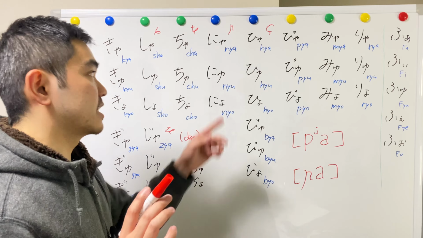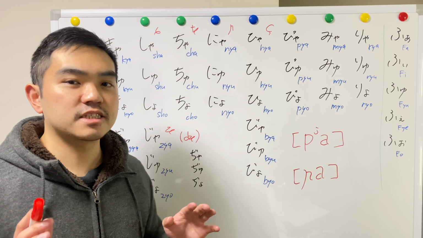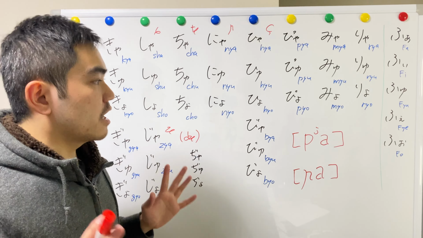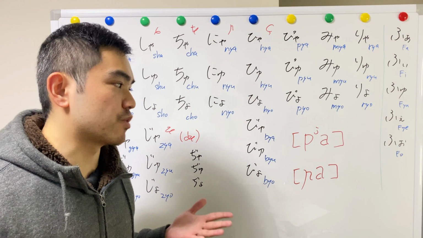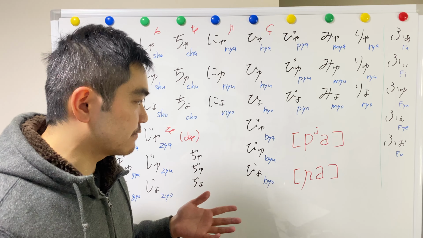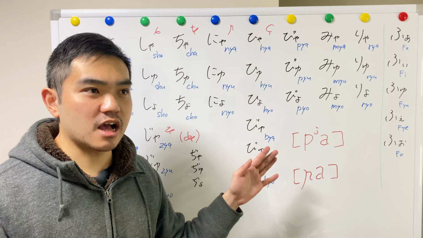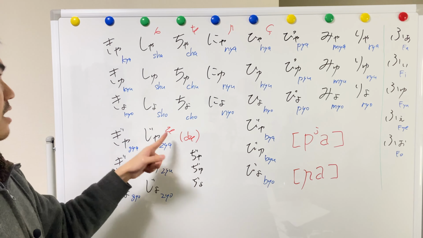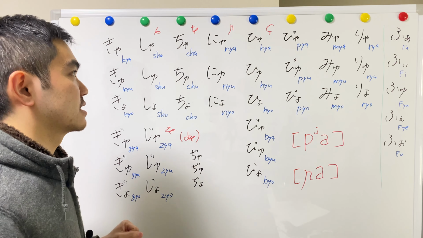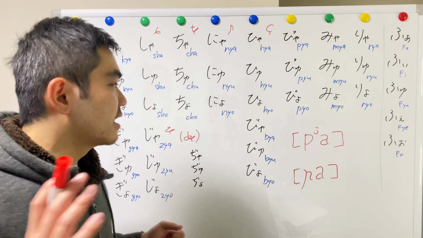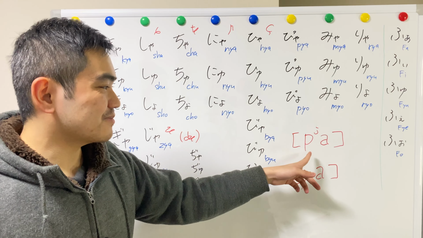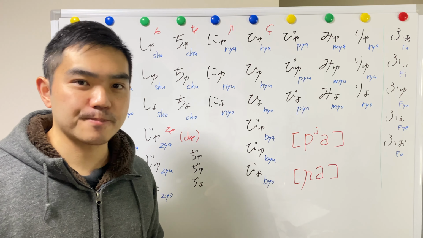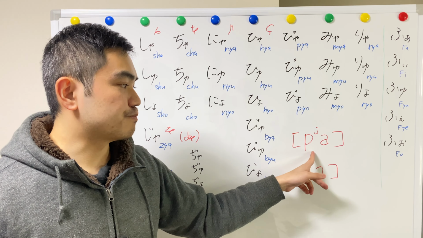Okay, now you got how to pronounce yoon. All you have to do is basically put a y sound between the consonant and vowel. And if you're learning Japanese pronunciation with IPA, which stands for International Phonetic Alphabet, which is some sort of strange alphabet, phonetic symbol, you sometimes see a small j between the consonant and vowel, like this.